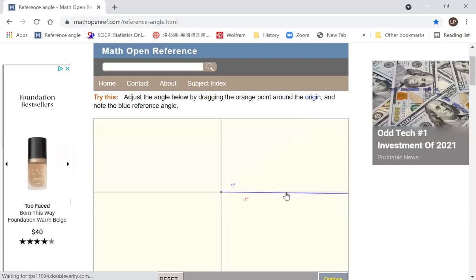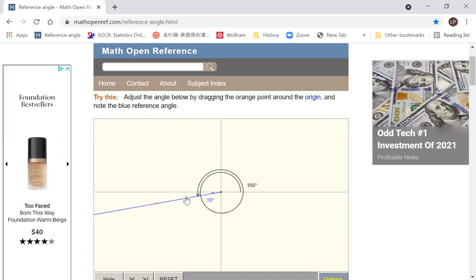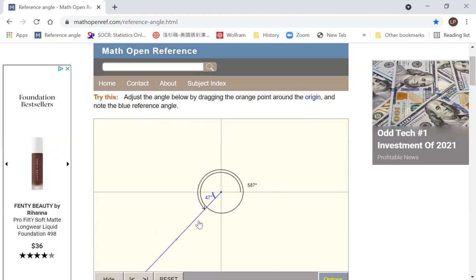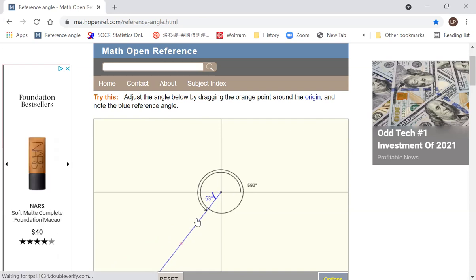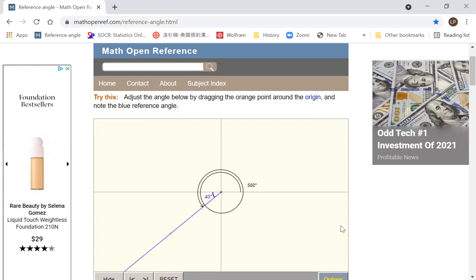I'm going to measure from the standard position, 580 degrees. What's the reference angle? Bingo, 40. Do you guys see that? Does everybody see that? Is that reference angle 40 degrees, terminating in quadrant 3?